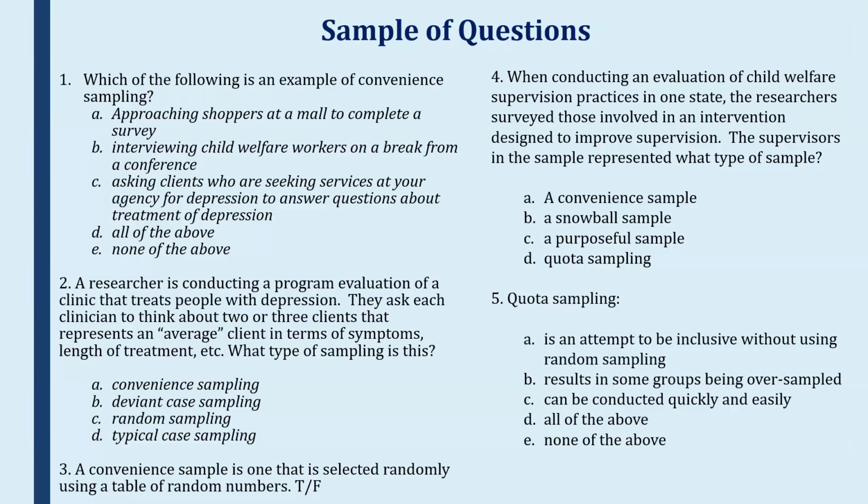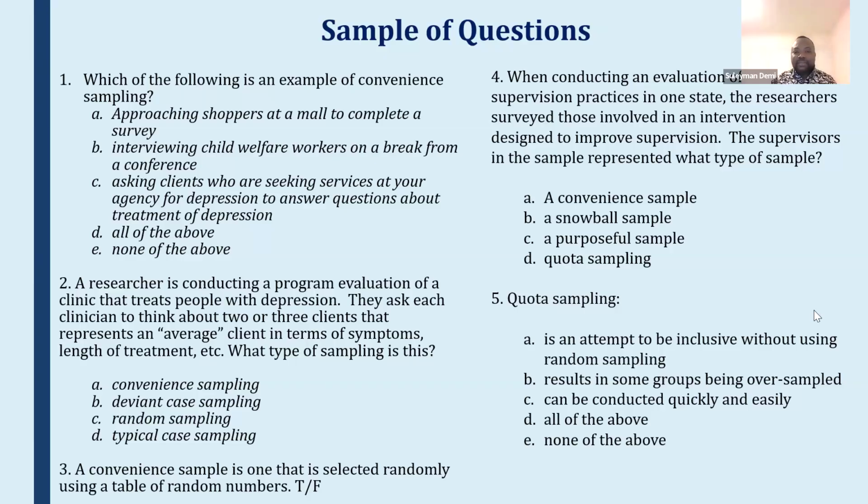The supervisors in the sample represented what type of sample? A, a convenience sample, B, a snowball sample, C, a purposeful sample, and D, a quota sample. So what's the answer? C. Oh, wonderful. I like that. People are paying attention. Yeah, good. It's C.